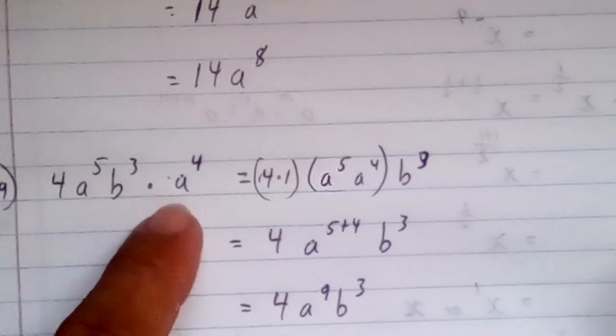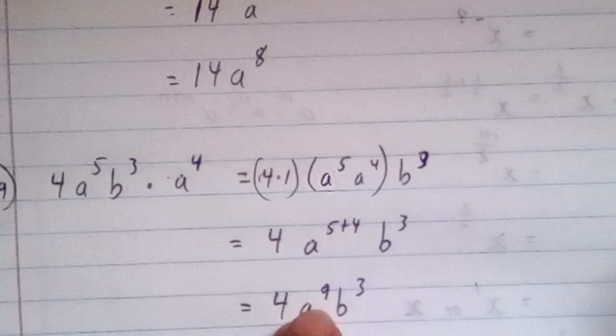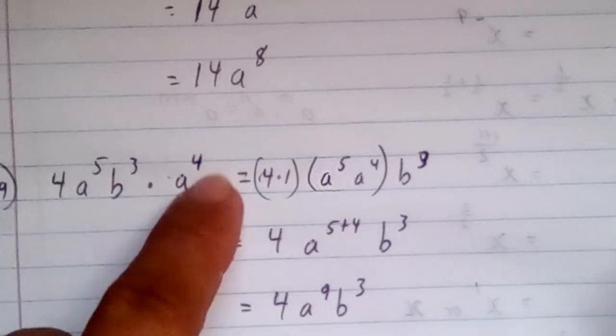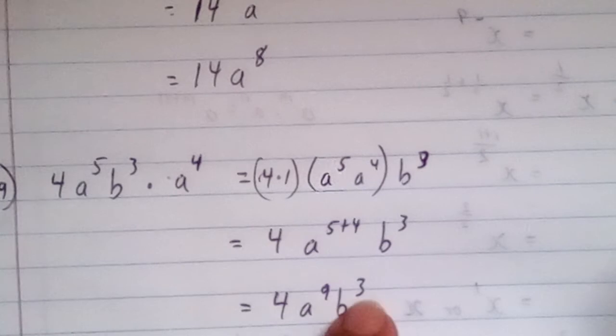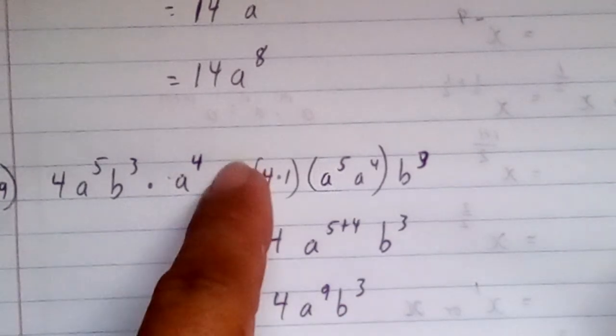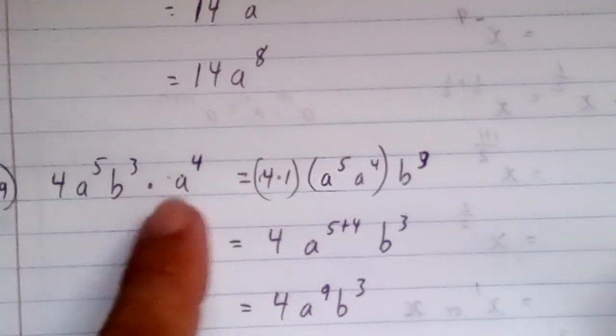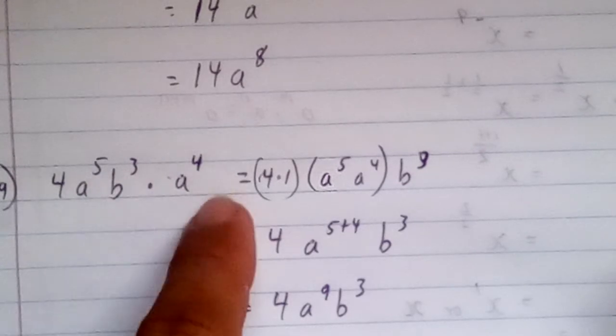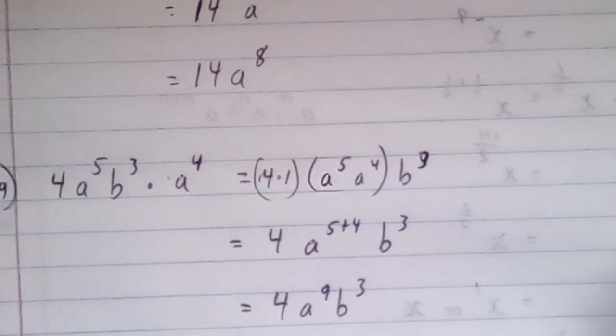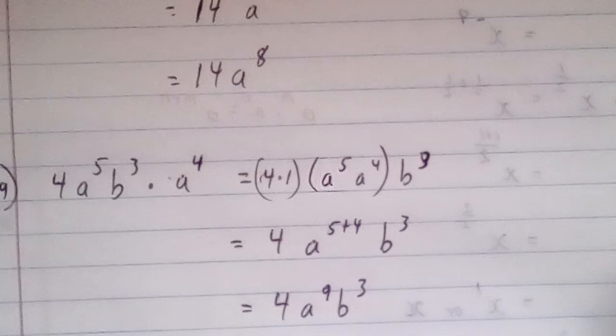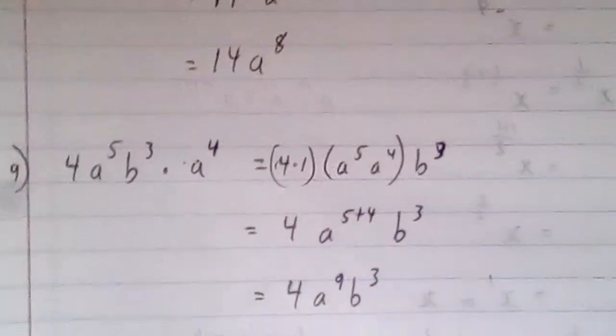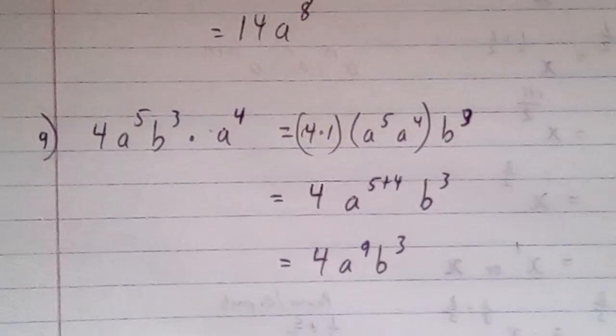A to the fifth times a to the fourth gives us a to the ninth. There's no b to the third on this side, so it is b to the third here. You cannot say 0 times b to the third. So you don't multiply this b to the third with a 0.